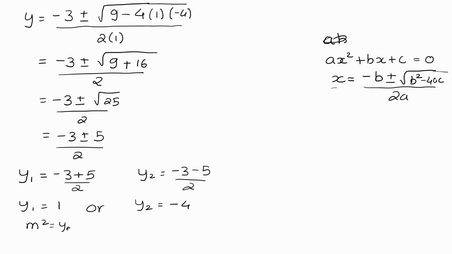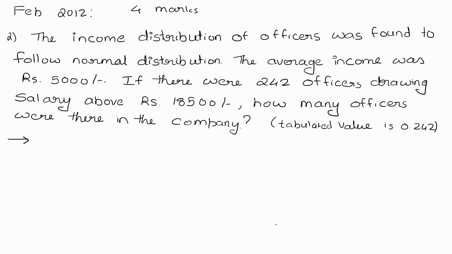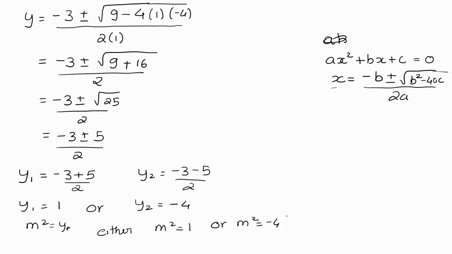That is, I have two options: either m square is equal to 1 or m square is equal to minus 4. But we have seen that in the real number system, a number does not have a negative square root.